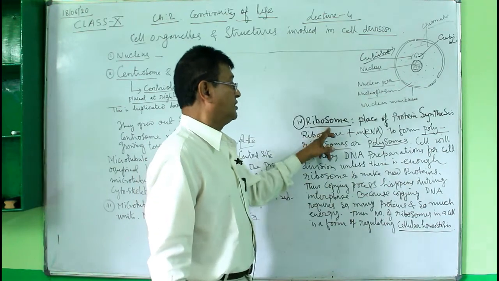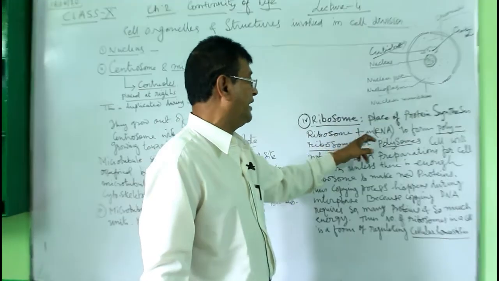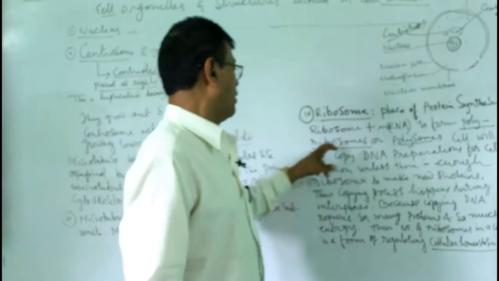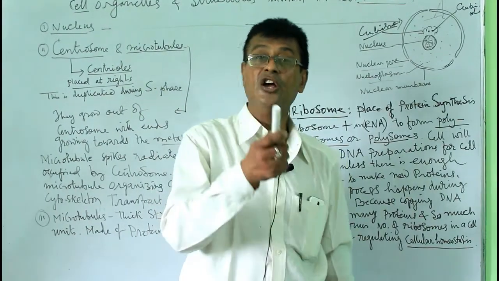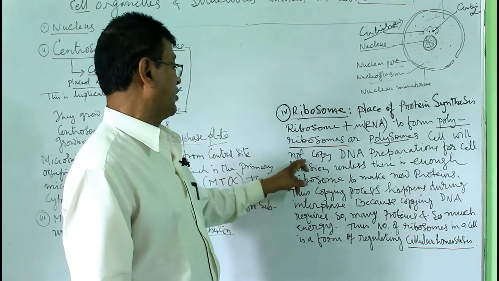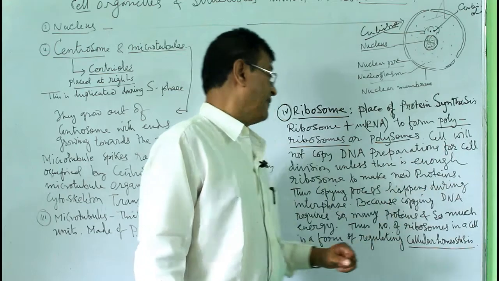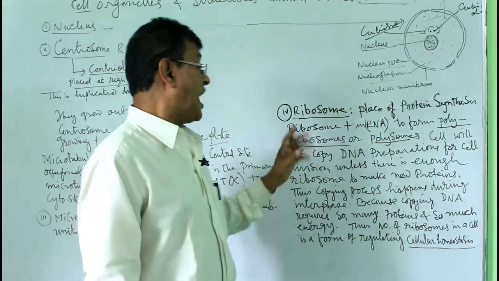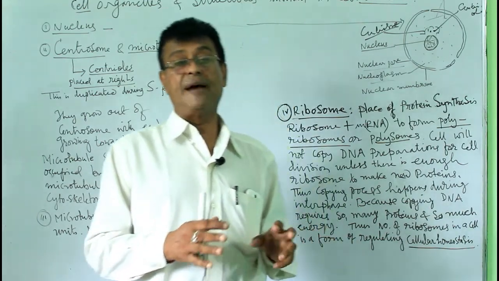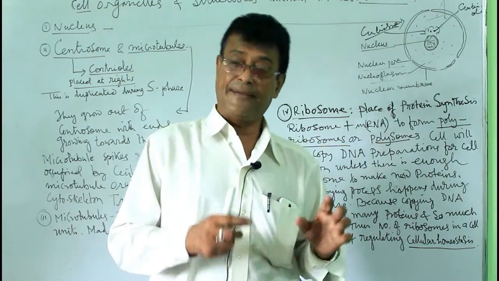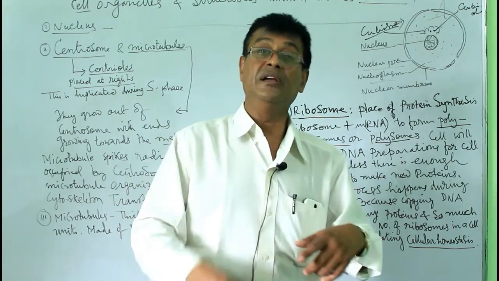The ribosome, the place of protein synthesis, plus mRNA forms polyribosomes, also known as polysomes. The cell will not copy DNA in preparation for cell division unless it is confirmed that there is a lot of protein preparation capacity, that the ribosomes have all this capacity. Then it will start copying the DNA.